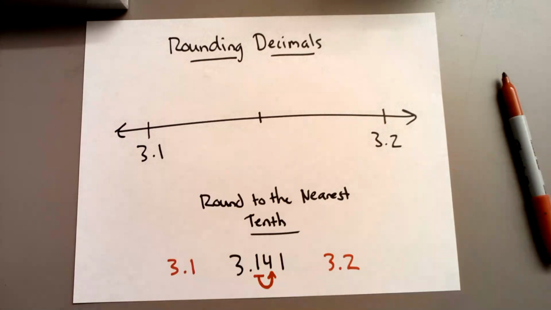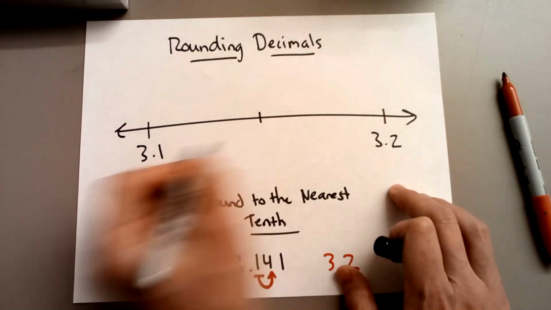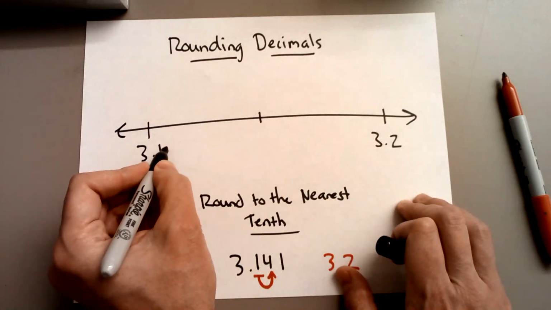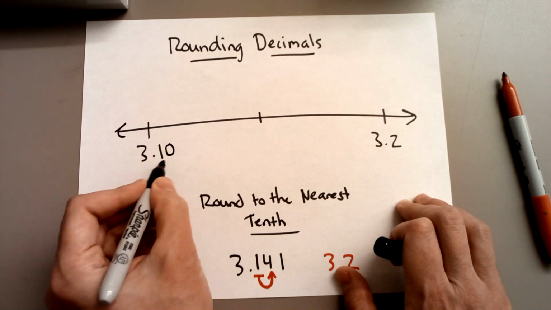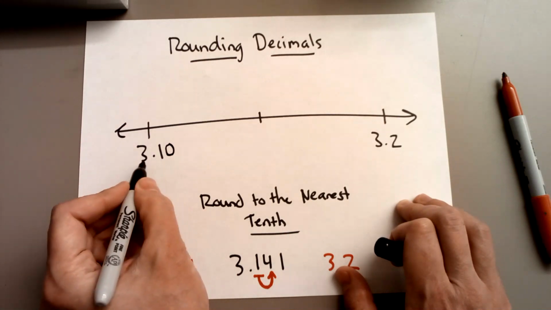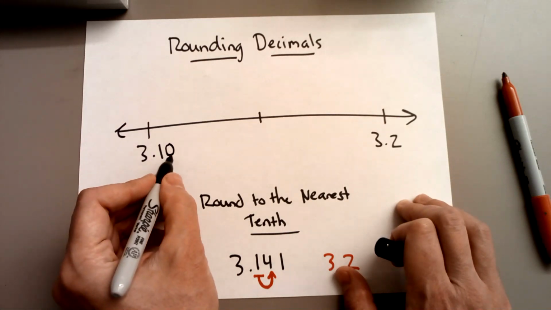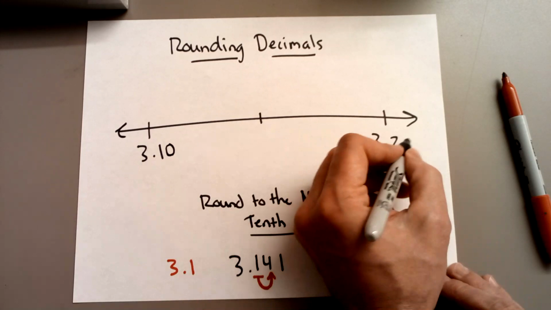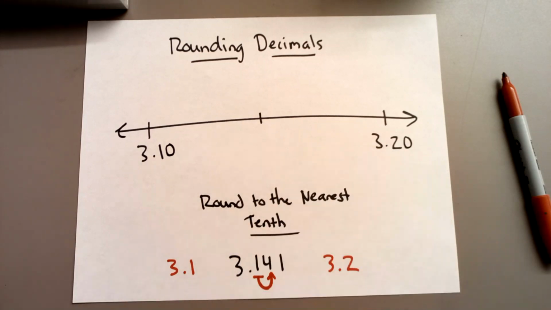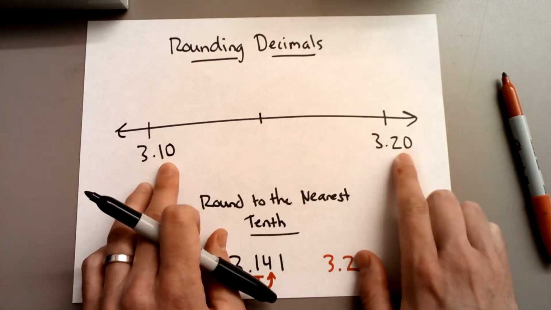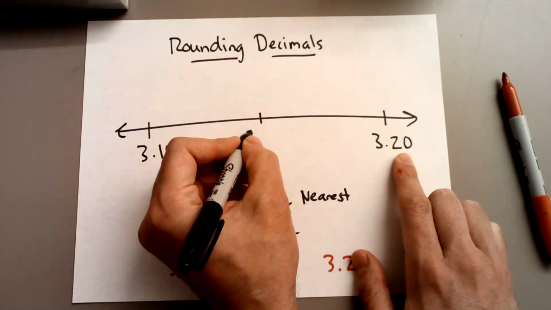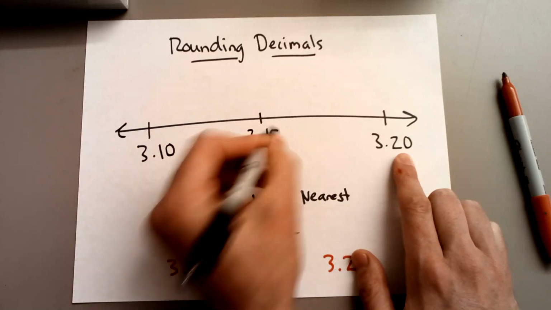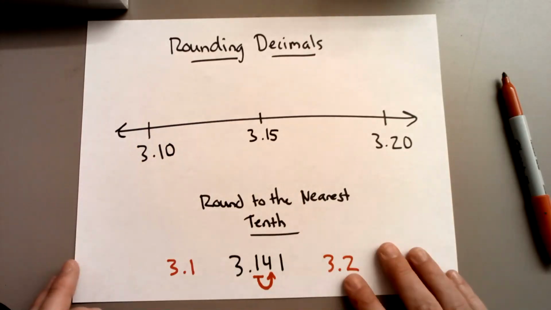In order to figure out what's in the middle, we need to add a place value here. So 3 and 1/10 is the same as 3 and 10 hundredths. 3 and 2/10 is the same as 3 and 20 hundredths. So what's right in the middle of 10 and 20? That's right, 15. 3 and 15 hundredths.